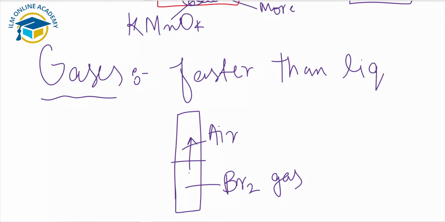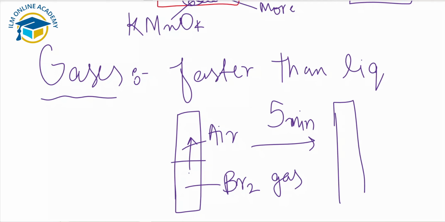So after 5 minutes, what will happen? The bromine gas will diffuse from the bottom jar until it is evenly spread through both jars. The same can be said for the air, although it is less obvious because air is colorless, but bromine is orange or brown.